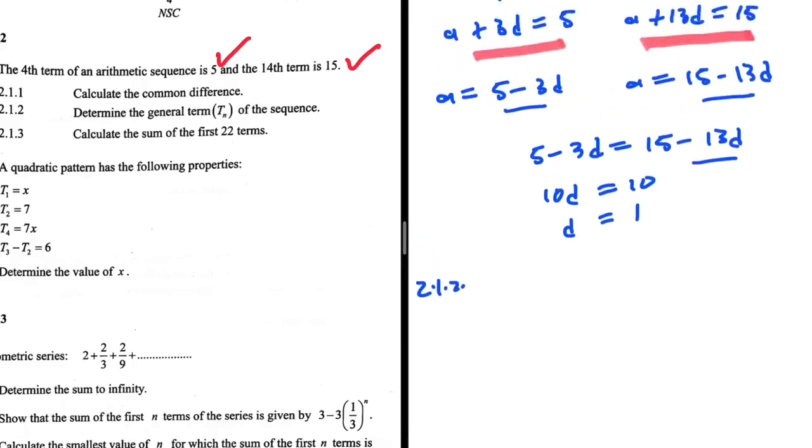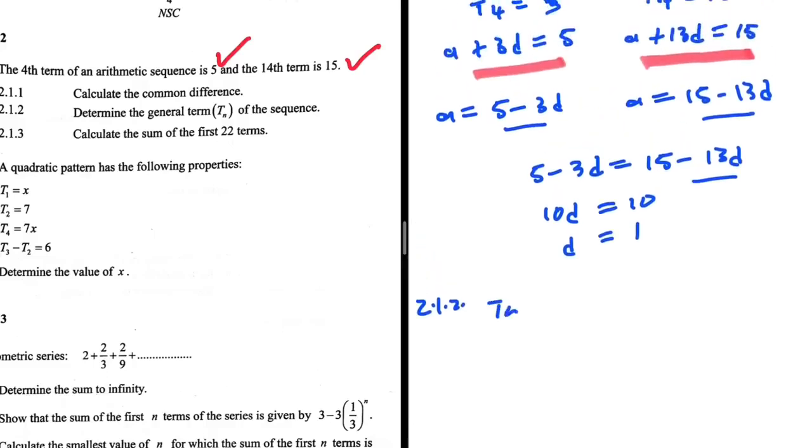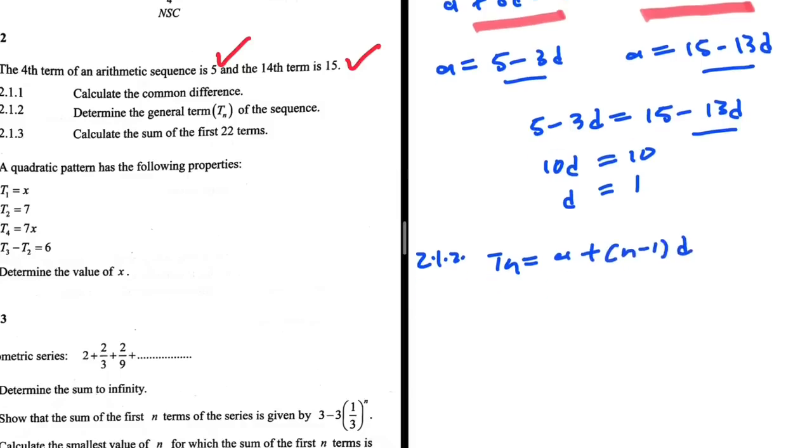Let's take a look at 2.1.2. Determine the general term of the sequence. So Tn equals A plus n minus 1 multiplied by D. We have A and D as variables that we need to figure out. We know fully well that D equals 1. But what is A equal to? We just need to substitute D into either this equation or this one here. So let's substitute it on the first one.